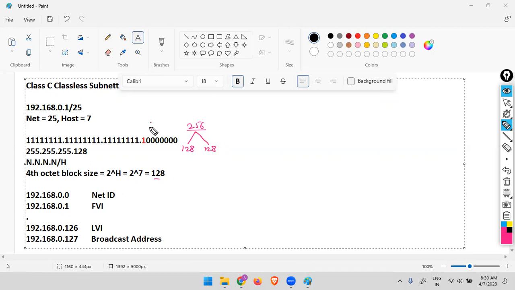So when we were using /24, we got one class C network with 256 addresses. But when we went classless and borrowed one bit, it was broken down into 2 networks of 128 each. So how do you calculate how many networks it will be broken into? You calculate that using how many bits you borrowed.